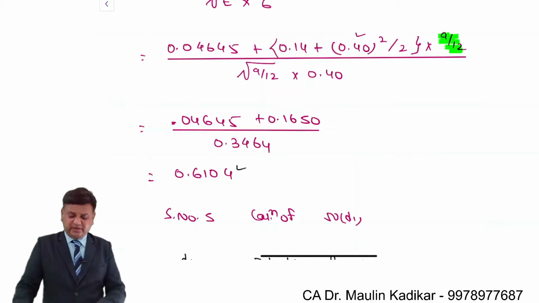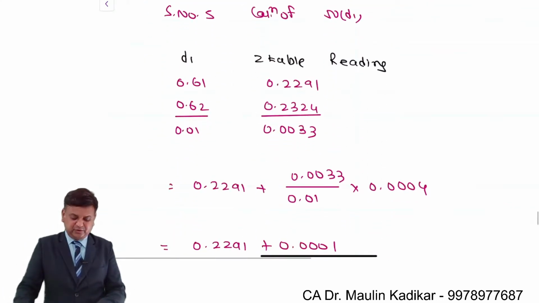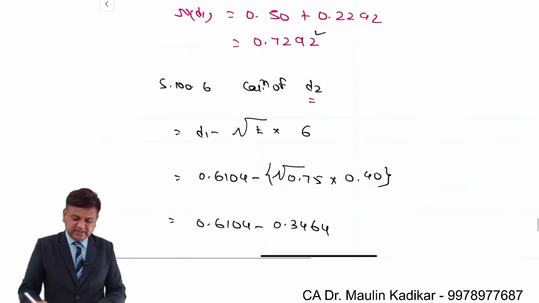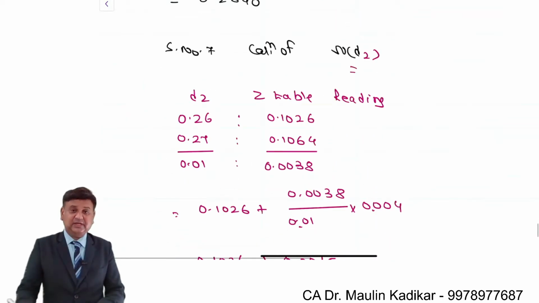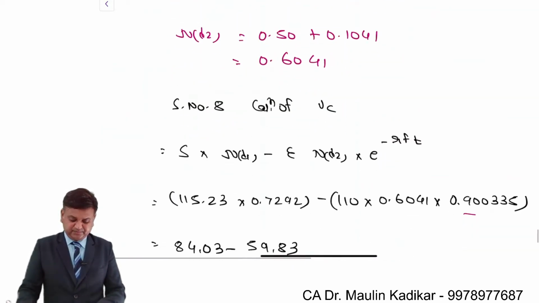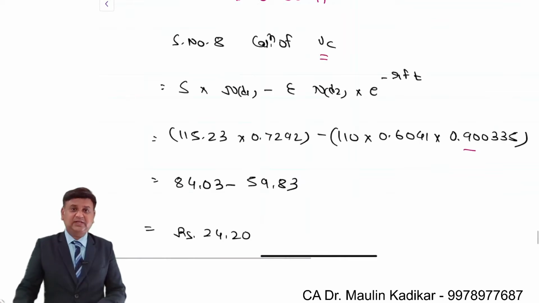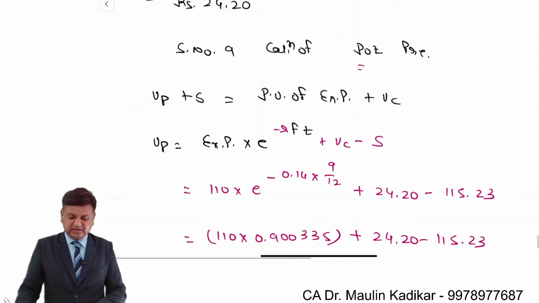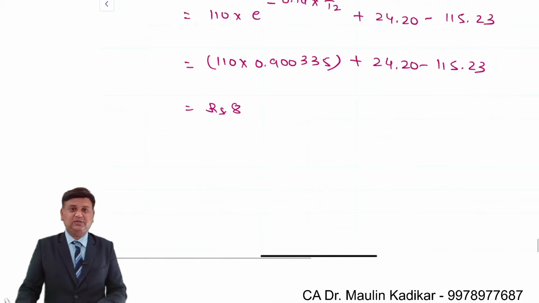These are the small points, however, you just have to be careful. Then calculation of ND1, then D2 calculation, and based on that ND2 calculation, then value of the call, that is call premium, and lastly calculation of the value of the put premium. This is the sequence in which we have done the answer.